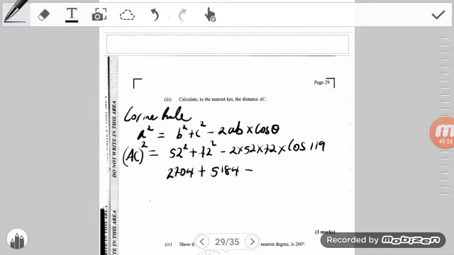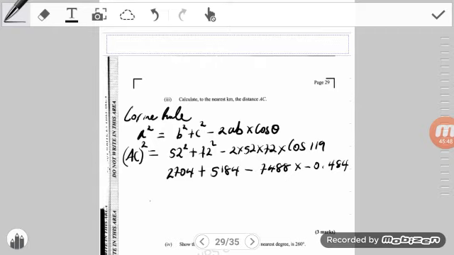And that's going to give us 7,488. And then we're going to multiply that by the cosine of 119. The cos of 119 is going to give us a negative number, which is negative 0.484.